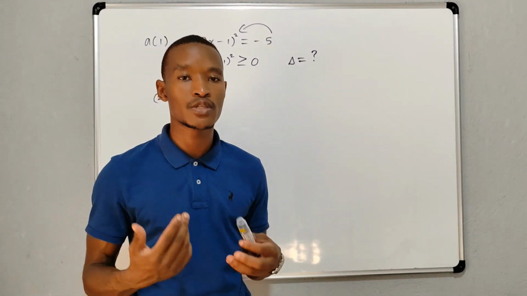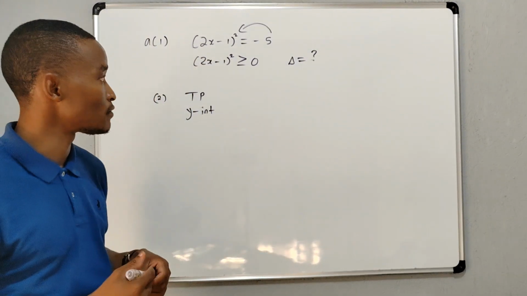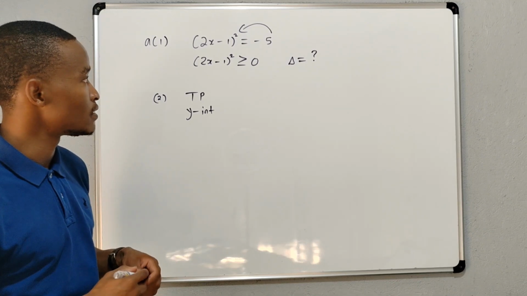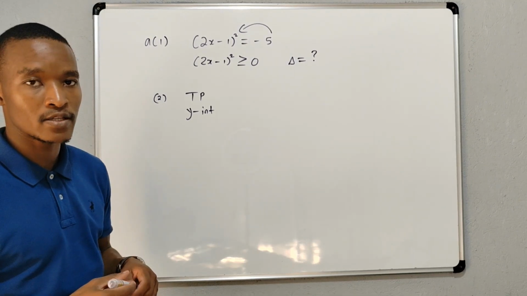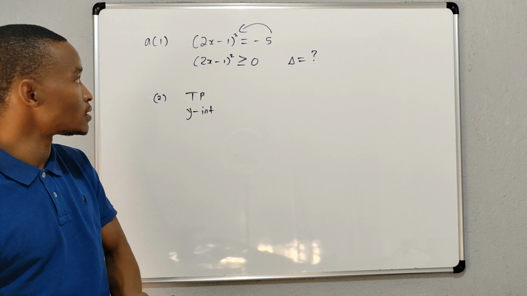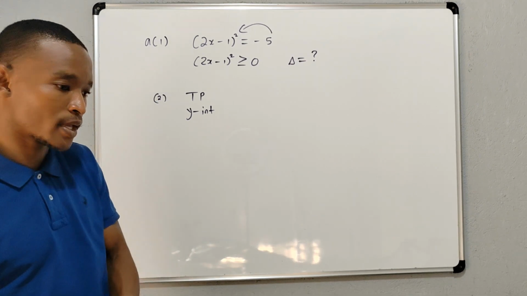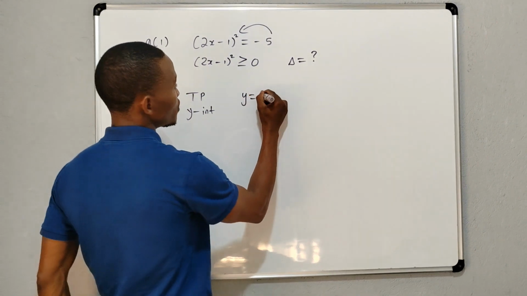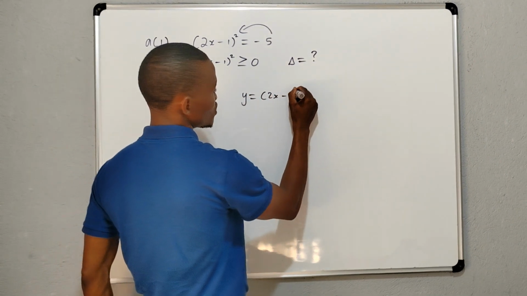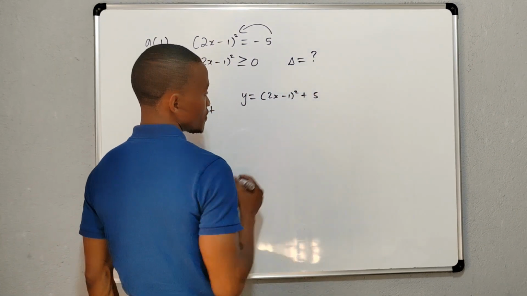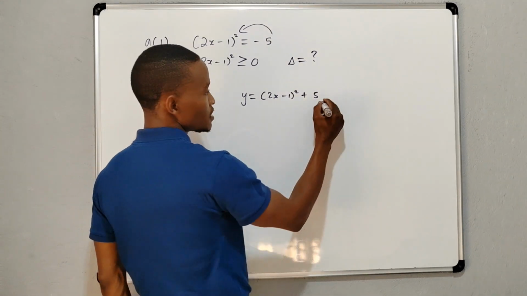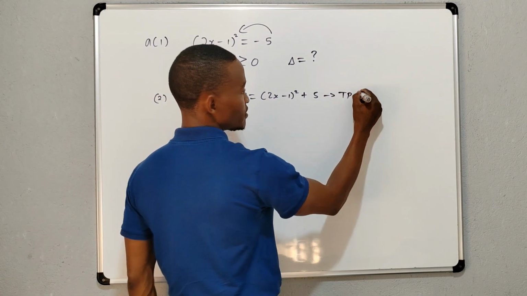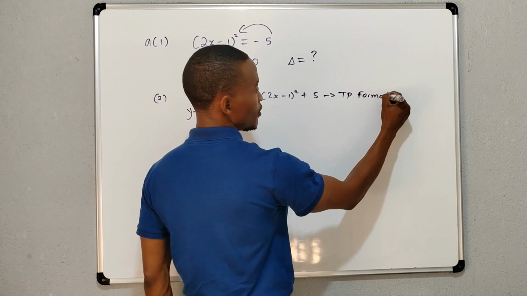A2, we are asked to sketch the graph here, and the equation is given as 2x minus 1 all squared, okay, plus 5. So we have y equal to (2x minus 1) squared plus 5. So this is already in turning point format.